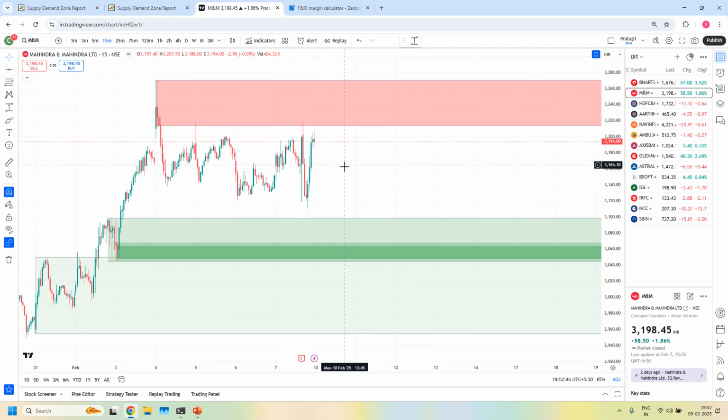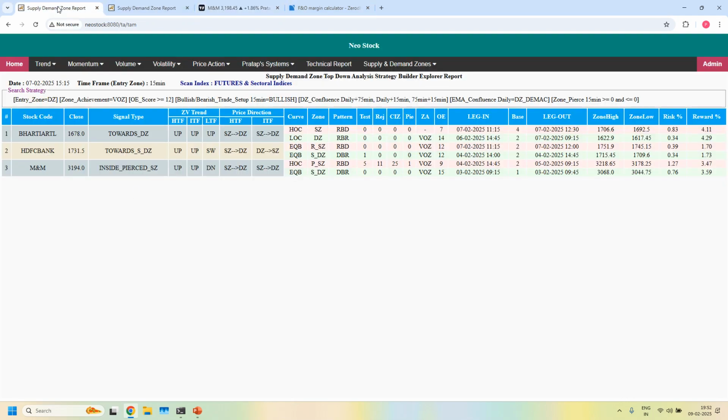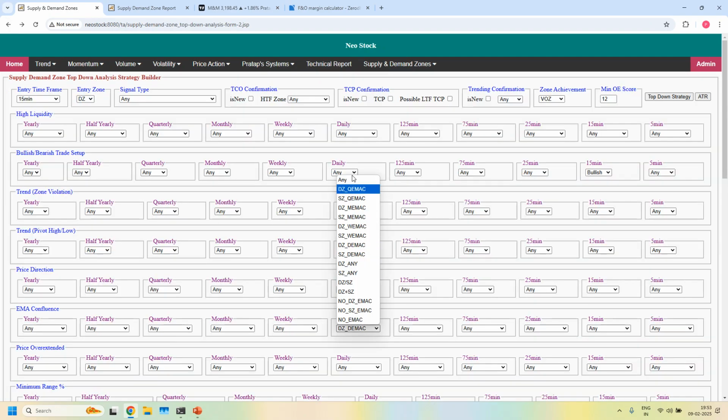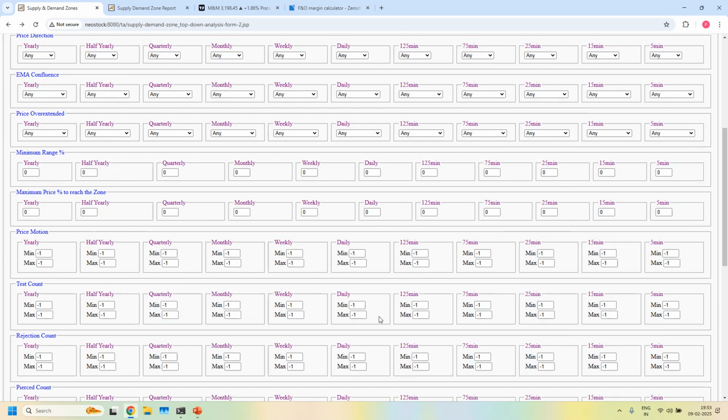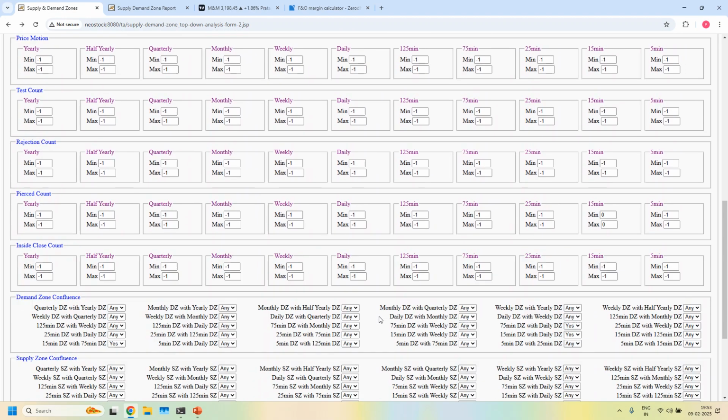Exactly the same way you have to analyze the remaining chart supply zones also. See, if you look into our report, the supply zones, let me go back. Let me remove this EMA filter and also the demand zone filters.